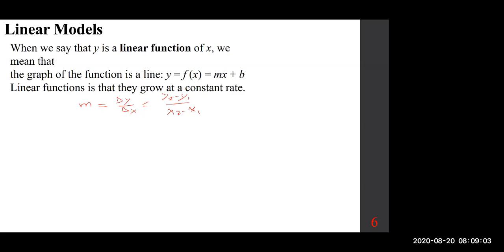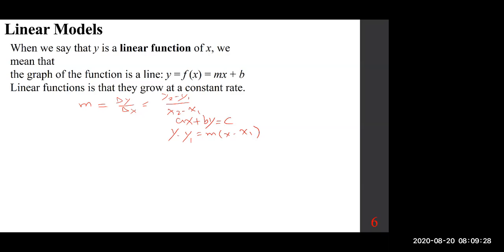With that being the case, what else do we remember about linear functions? Ax plus by equals c. This is a standard form. Y minus y1 is m times x minus x sub 1. So those are the things we remember.